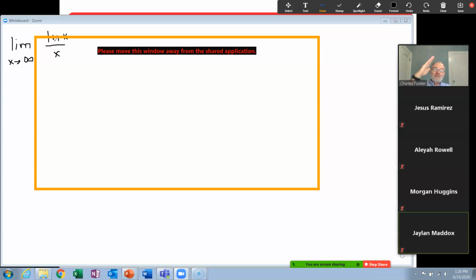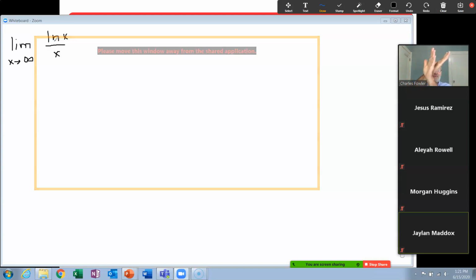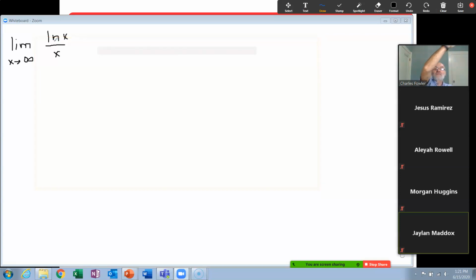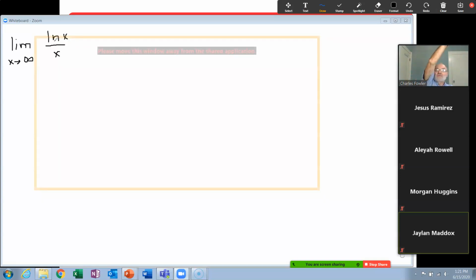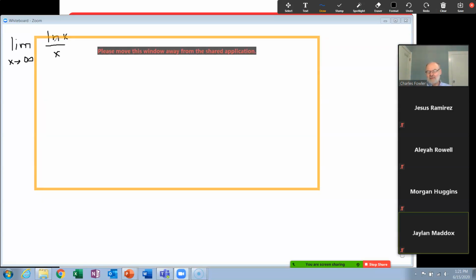Now picture also on the graph the identity function, f of x equals x. It crosses at 0 and goes up at a 45-degree angle into the first quadrant. As x approaches infinity, it's going to infinity. Now, here's the kicker. It's going there faster than the log function.